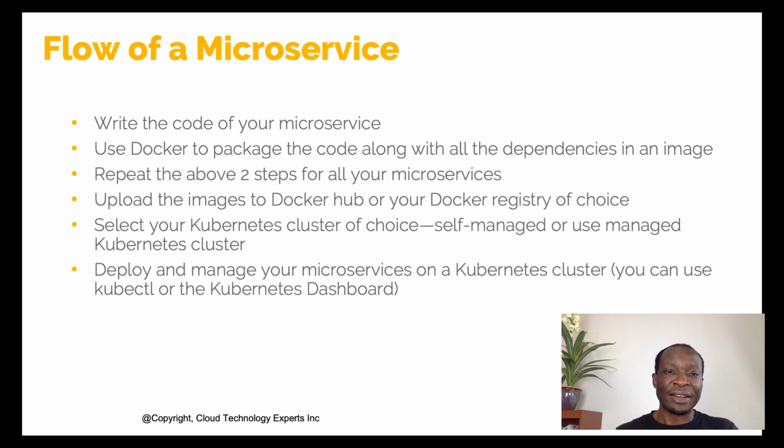Then after that, you can select how you want to manage this microservice. Do you want to have your own Kubernetes cluster deployed in-house? Or do you want to use a managed service, like those provided by AWS called EKS, Elastic Kubernetes Service, or by Google Cloud called Google Kubernetes Engine?